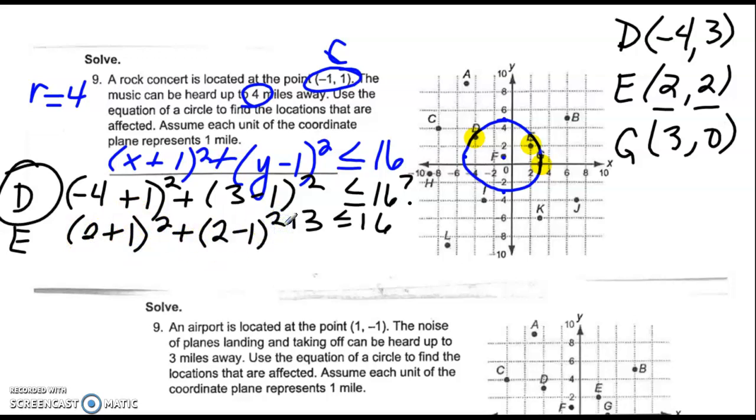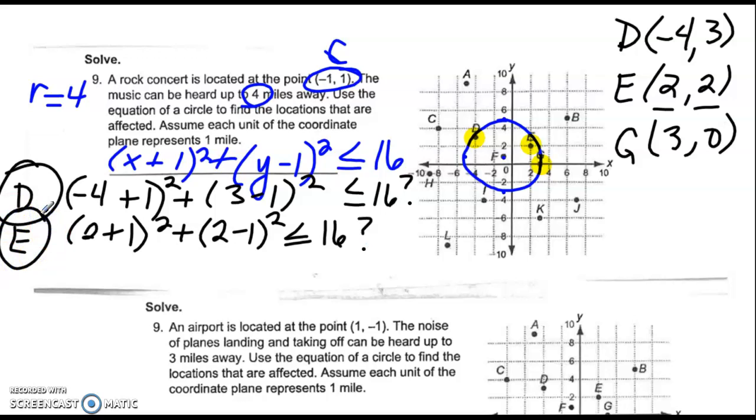What does that give us? Is it less than or equal to 16? Three squared is 9. 1 squared is 1. 9 plus 1 is 10. 10 is less than or equal to 16, correct? So E is also going to be affected.